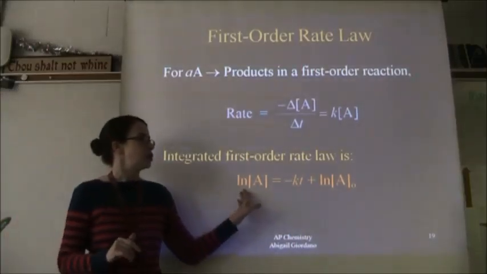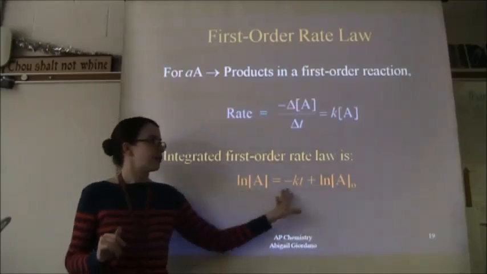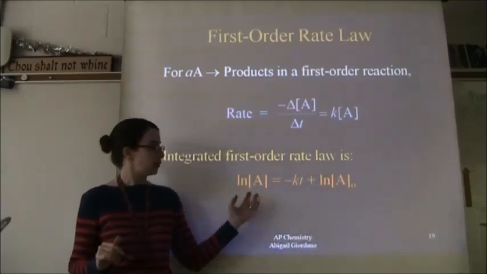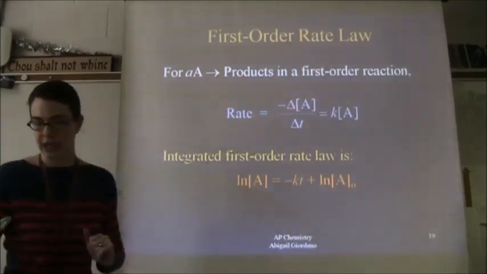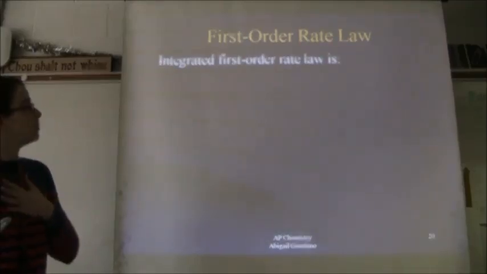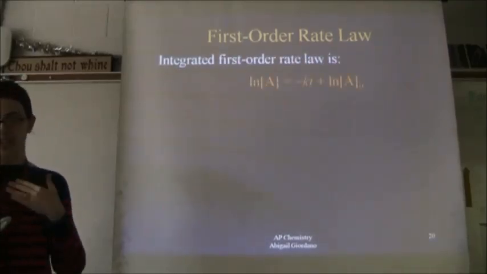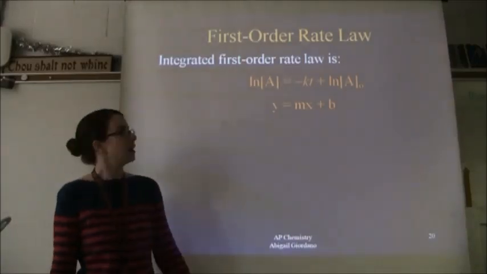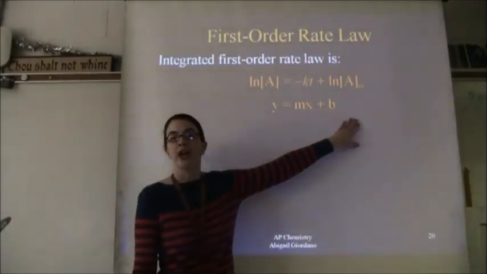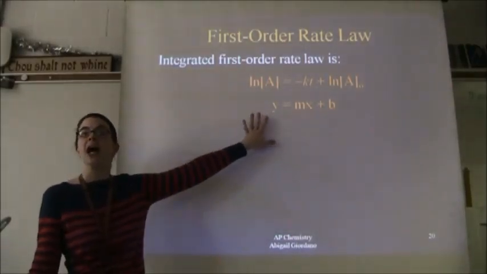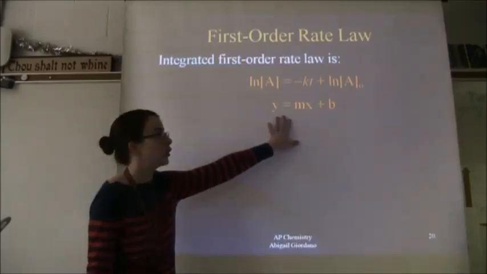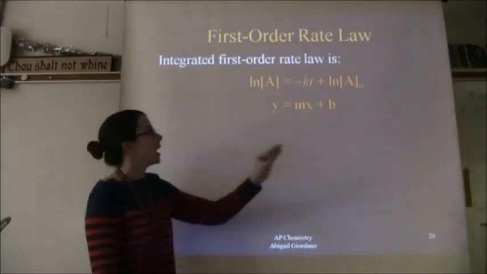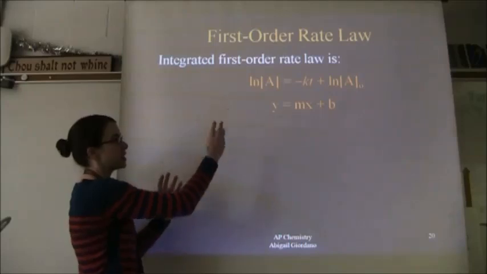Now let me explain to you why I prefer to write out the integrated rate laws in this arrangement, because it makes it easier to see this connection. This is your general formula for a line, linear data. Let's piece things together.